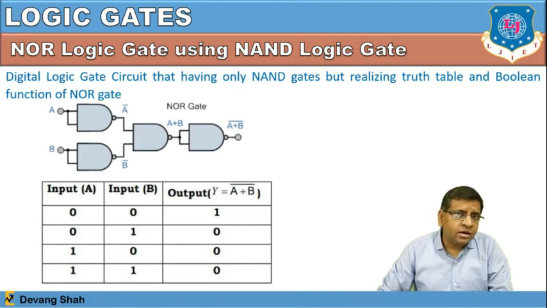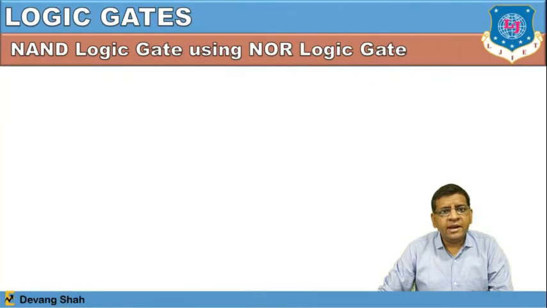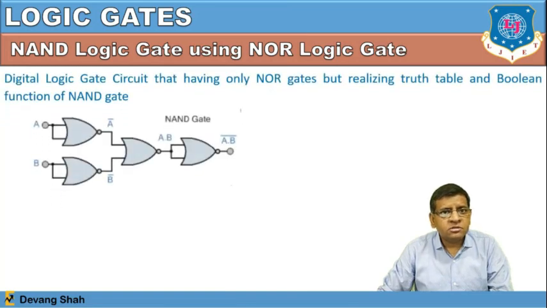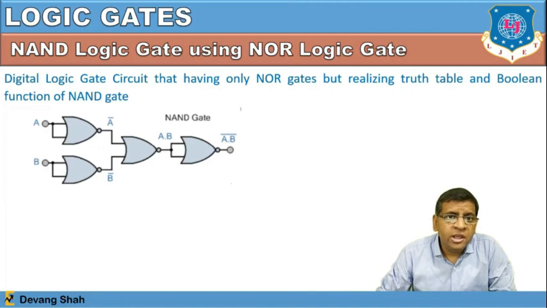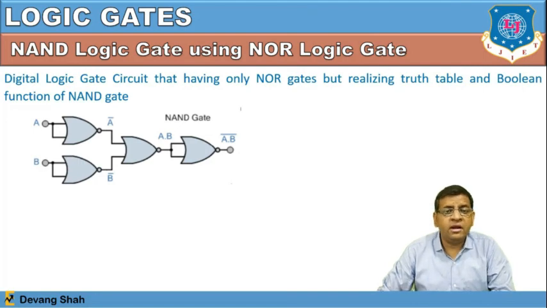And you can have the same thing, implementation of NAND gate using NOR, right? You can realize here the truth table, and that truth table shows the truth table of the NAND gate. Same way, here you can realize the NAND gate using the NOR. The formula is the same, you just realize the AND using the NOR, and then you put the NOT gate, right? So from that, you can implement any logic gates or any Boolean function exclusively, separately, with NAND and NOR.